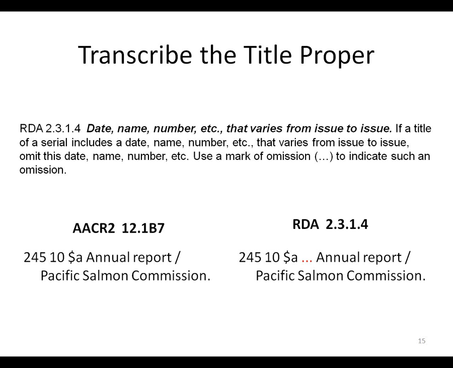So if you had a presentation that on the title page it said all very clearly one statement, annual report 2010, where a monograph cataloger would typically look at that and transcribe all of that as a title proper, that date is considered part of the title statement and would use a mark of omission to represent that as well, even though it appears at the end, even though it is not grammatically connected and appears at the end of the title.